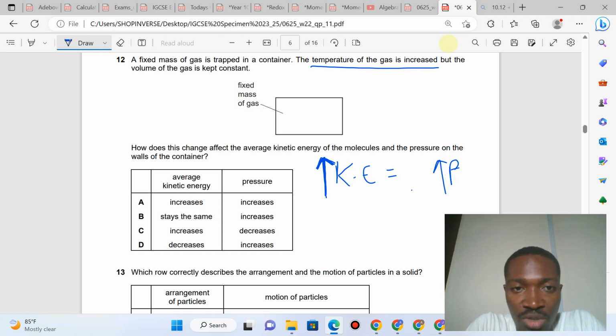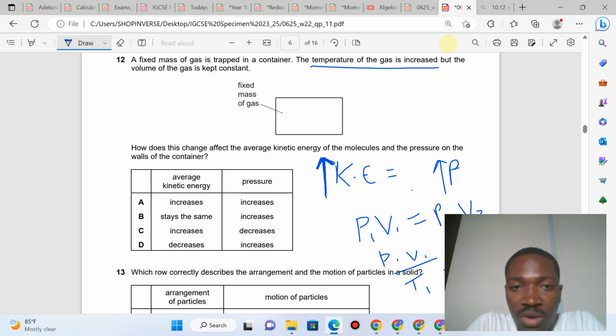According to Boyle's law, considering the relationship between pressure and volume, P1 V1 equals P2 V2. But according to the general gas law, P1 V1 over T1 equals P2 V2 over T2.